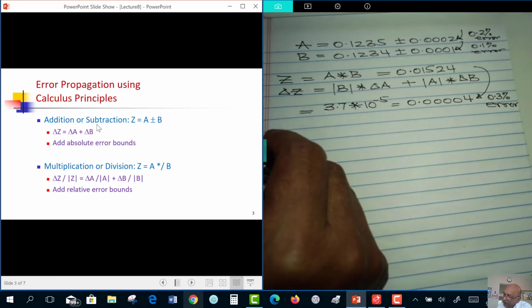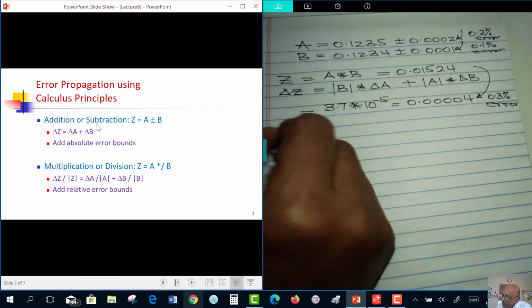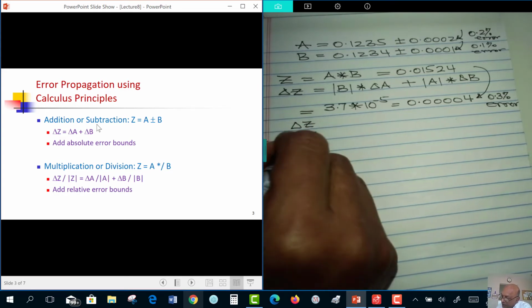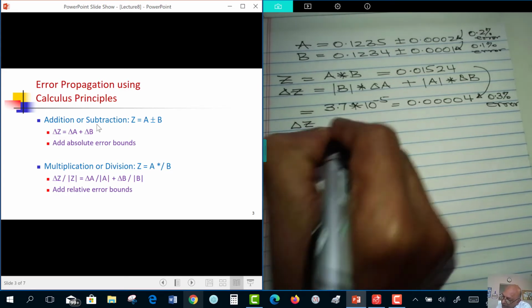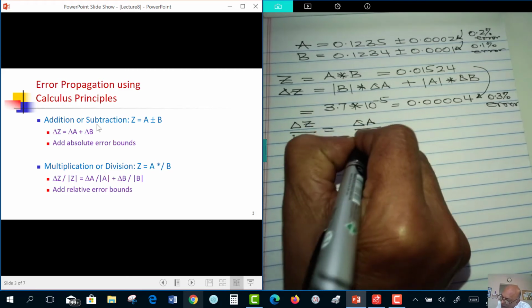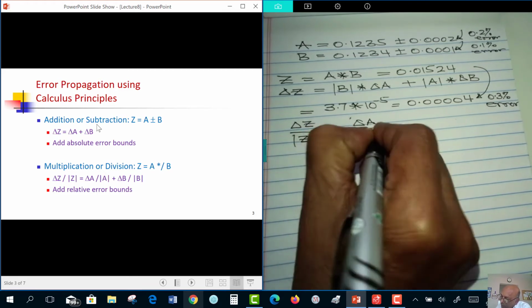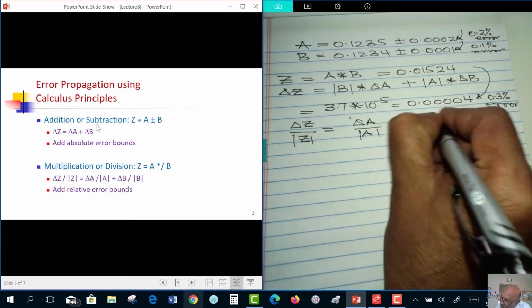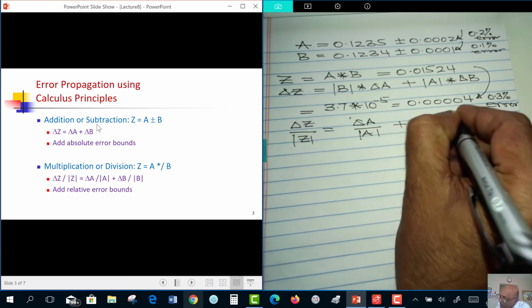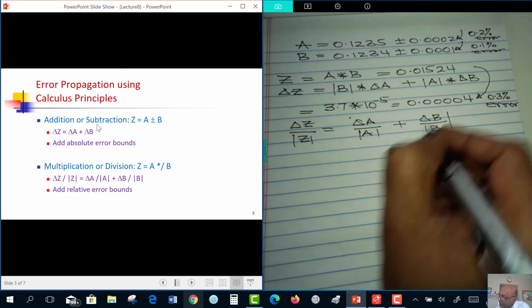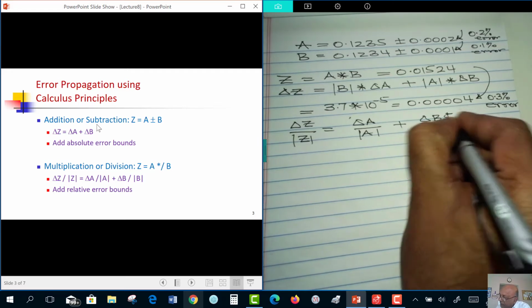Okay. We would have found the same thing if we had done delta Z over Z is delta A over A plus delta B over B, right? Now, same thing.